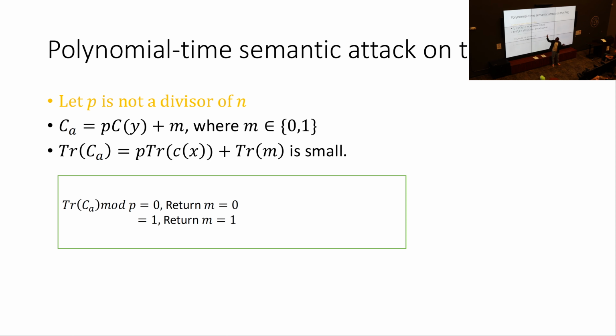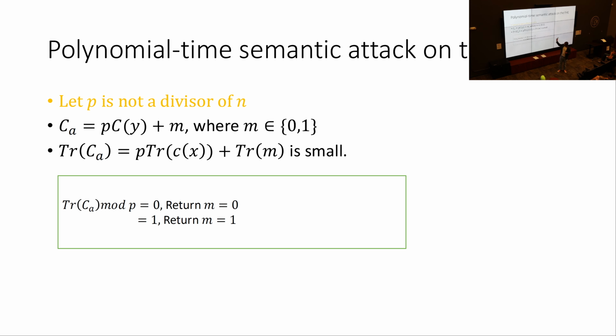Since the bit is 0 or 1, it does not really matter who chooses the message. The challenger gives some encryption of either 0 or 1, and the adversary has to tell whether it was 0 or 1. If he can solve it, he breaks the semantic security of the encryption scheme. So let's try to do it. The attacker gets the ciphertext. Can he tell if it was 0 or 1?